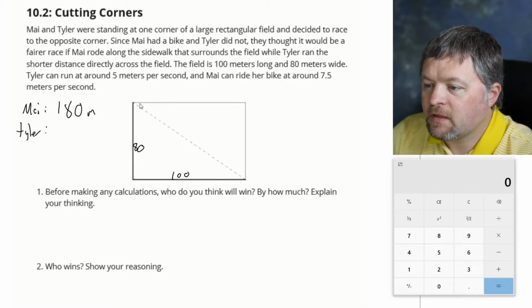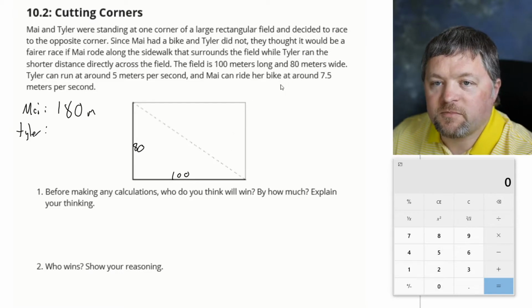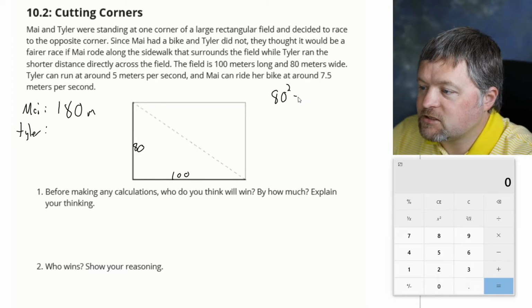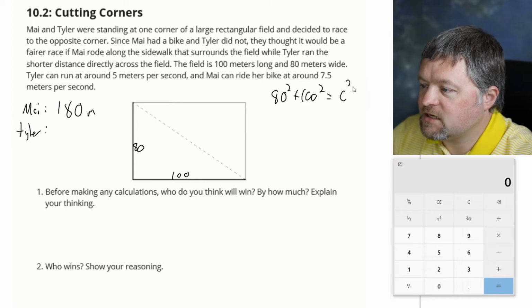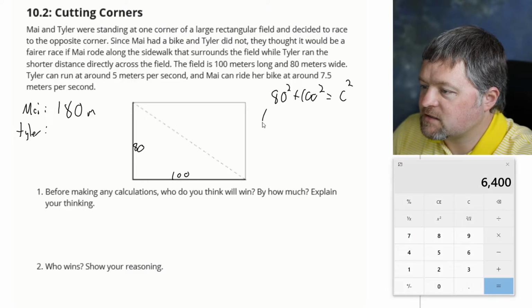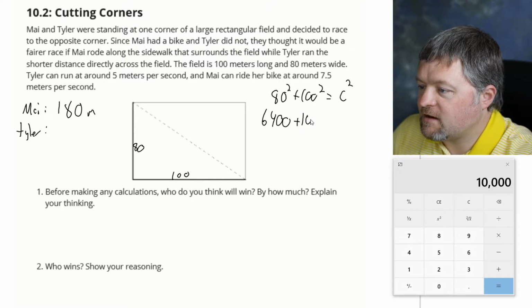Tyler has to travel the diagonal. Let's use the Pythagorean theorem to figure out how far that is. 80 squared plus 100 squared equals c squared. 80 squared is 6,400. 100 squared is 10,000.